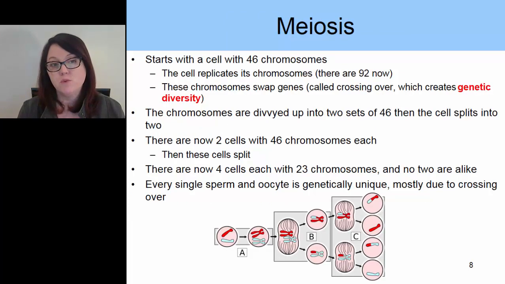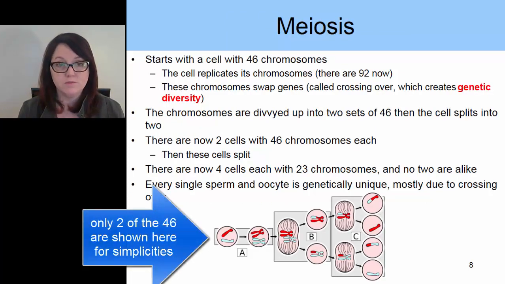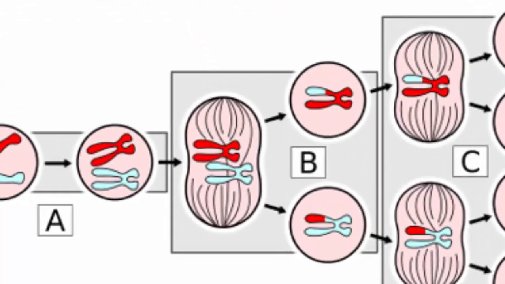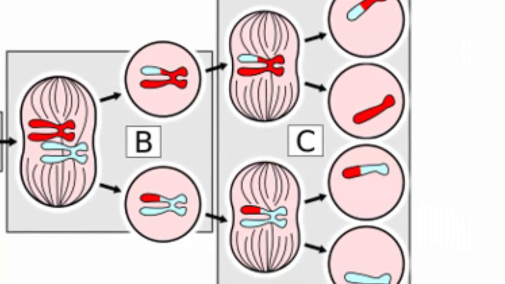So meiosis starts with a cell with 46 chromosomes. This cell replicates its 46 chromosomes, so now there are 92. These chromosomes swap genes. So this is the part where we mix up the DNA, and it's called crossing over. And again, the whole point here is to create genetic diversity. The chromosomes are then divvied up into 2 sets of 46, and then the cell splits in half.